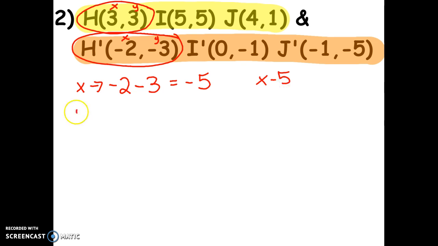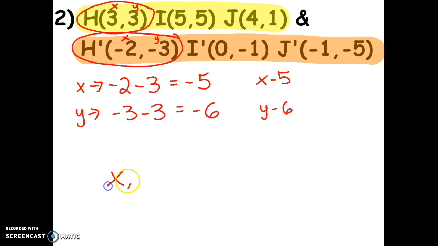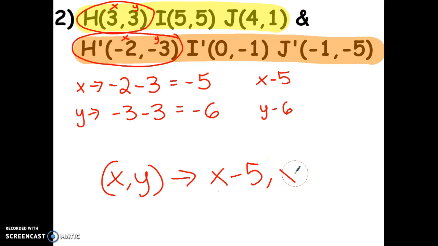Now let's look at our Y's. -3 minus 3. That is -6. So we see that that will be Y minus 6. So for this one, both changed. So to write our function, XY becomes X minus 5, Y minus 6.